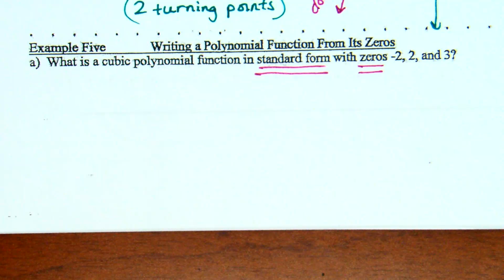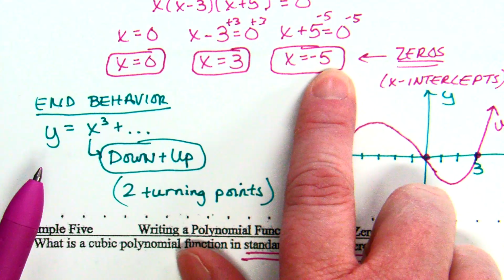How do I put them in a function? Do the work backwards. It's a good way to think about it. Like the 0 of negative 2, where would a 0 of negative 2 come from? An x plus 2? Does that make sense? Think about where these zeros on the previous problem were coming from. A 0 of 3 came from x minus 3. A 0 of negative 5 came from x plus 5. Can we do the same thing here?